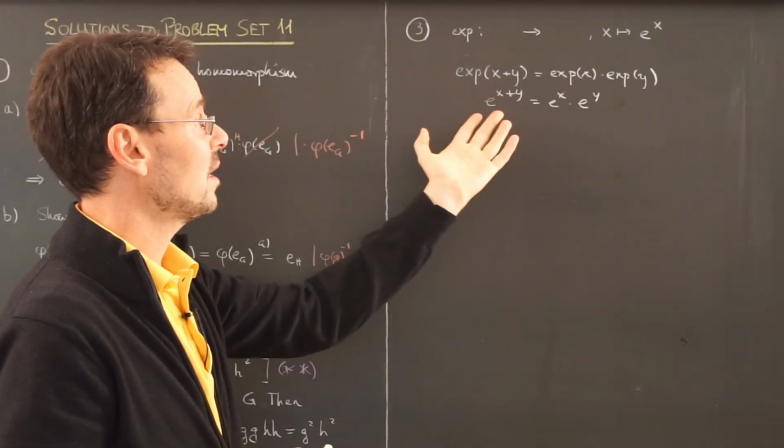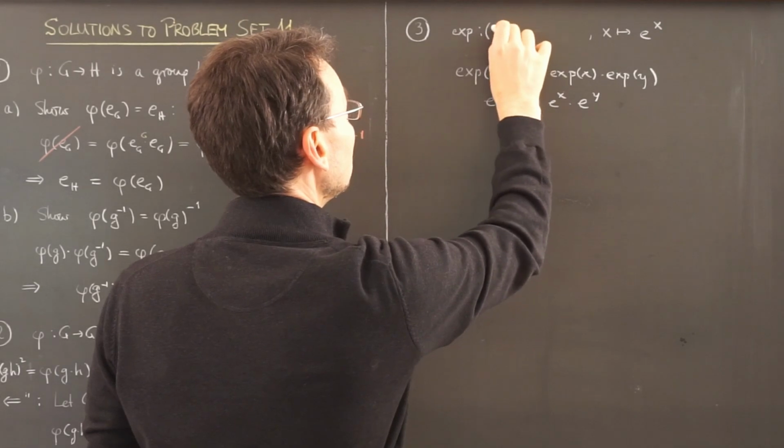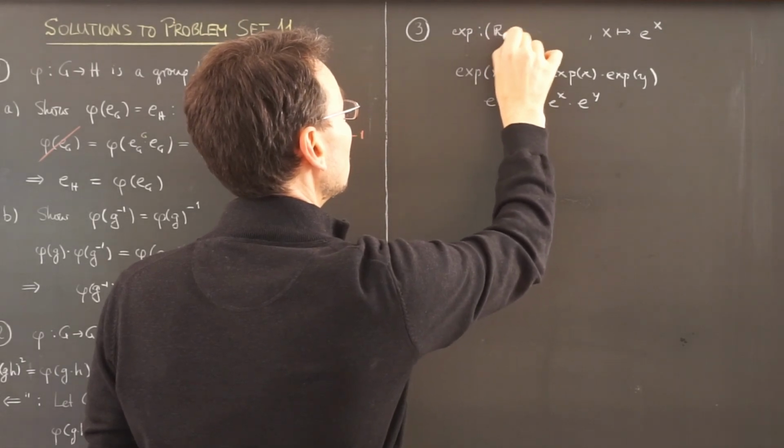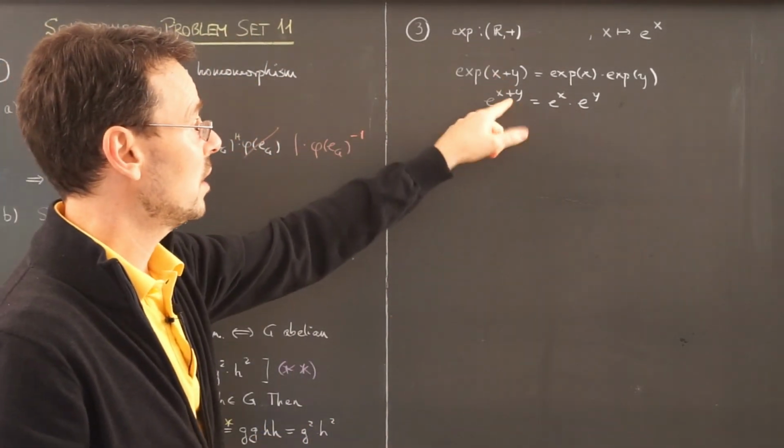And this is exactly the homomorphism property if you take here the real numbers with addition as group operation.